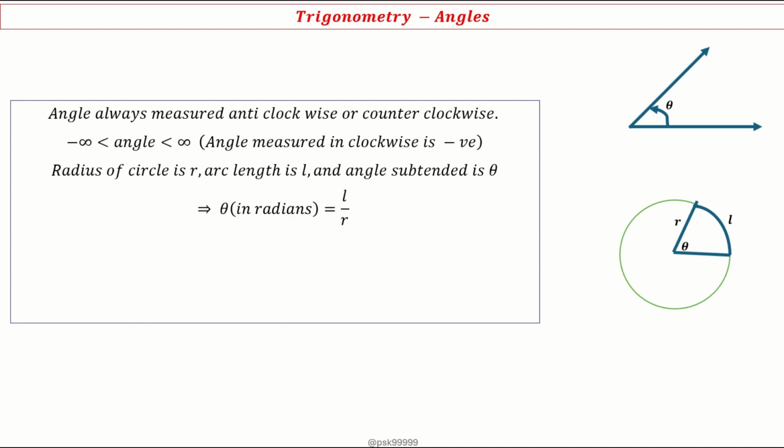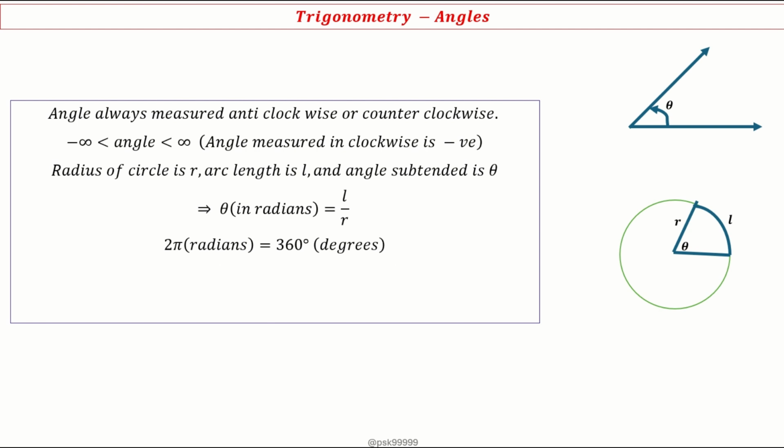Which means the radian definition is if the arc length is equal to the radius, the angle subtended by those two radii is 1 radian, right? So theta equals L by r, and we know 2 pi radians is 360 degrees, or pi equals 180. You can take whichever you want for all the conversions from radians into degrees.